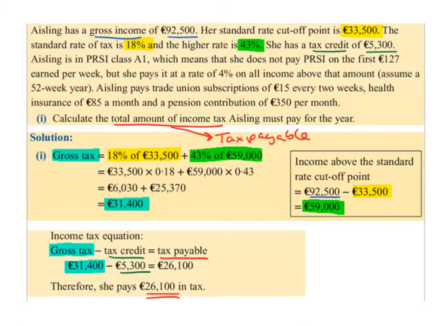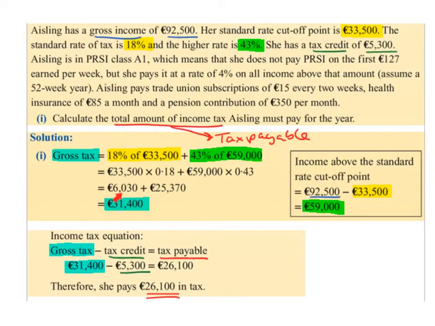So her gross income is 92,500, subtract the 33,500, leaves us with €59,000. This is the income above the standard rate cut-off point, so she pays 43% of this.